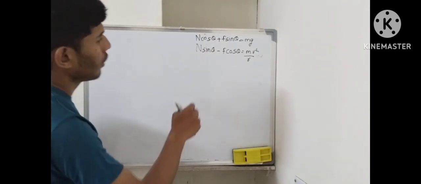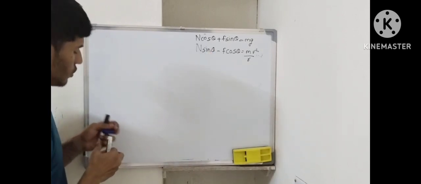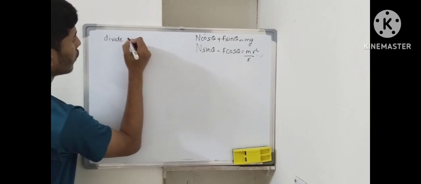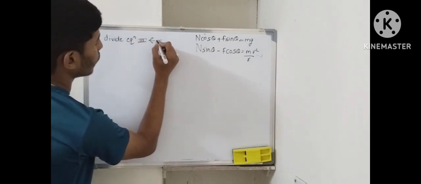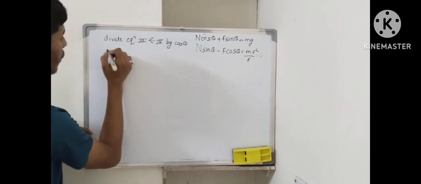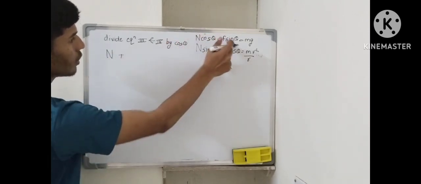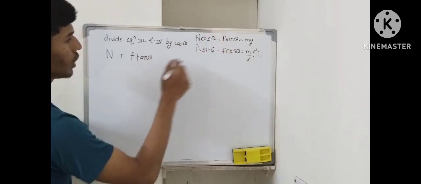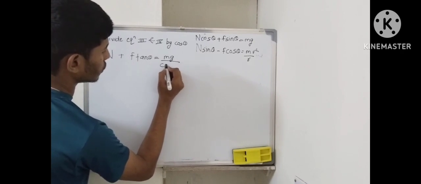Now what to do? We will divide both these equations by cos theta. Divide equations 1 and 2 by cos theta. So what we will get: the first one is N plus, cos theta will get cancelled, plus f tan theta, that is sin theta upon cos theta is equal to tan theta, equals mg by cos theta.